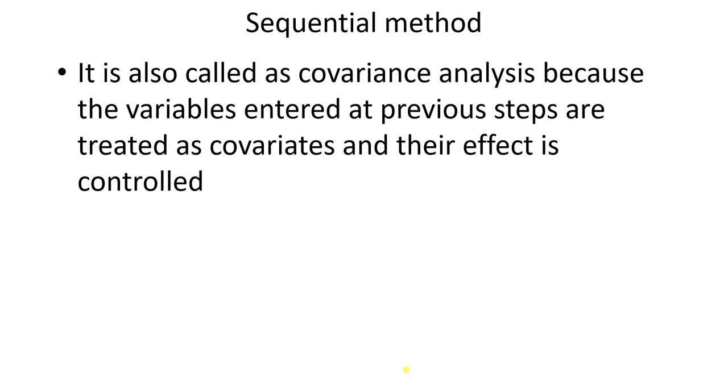This sequential method is also sometimes called covariance analysis. Why? Because the variables entered in the previous steps are treated as covariates. Their effect is controlled, and therefore it is very similar to analysis of covariance in a sense.